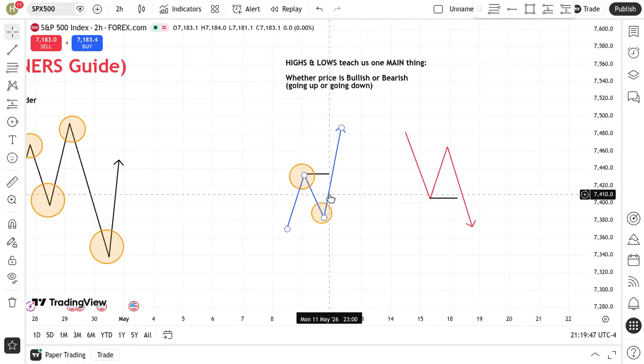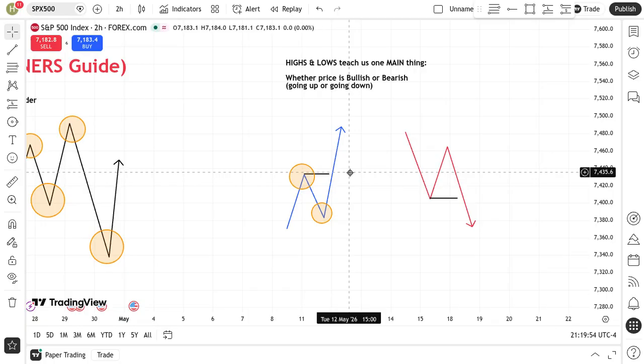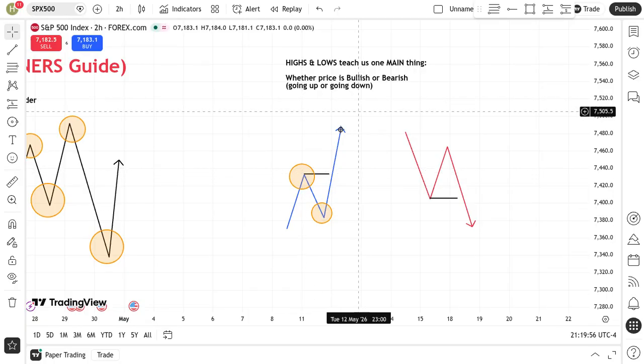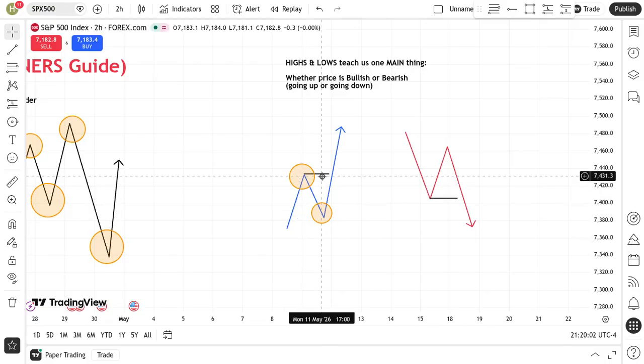And what do you see? Price goes up and it goes above this previous high, breaking this high. So when price does a move like this, that means price is bullish, means that it's going up. This is also known as a bullish market structure shift. All right. When a high is broken, it's a bullish market structure shift, meaning price is going up.